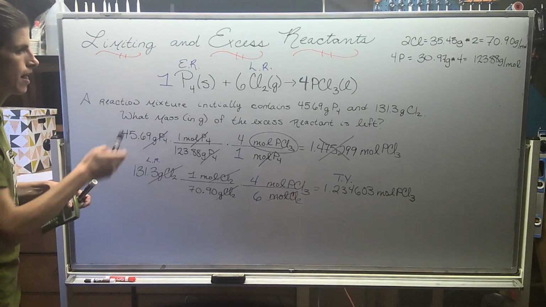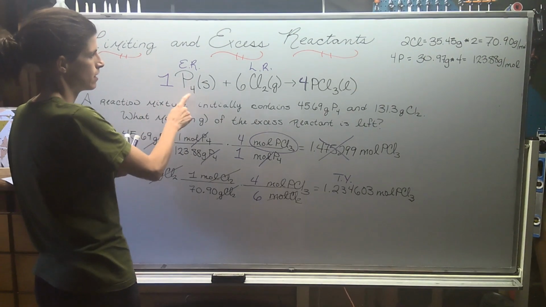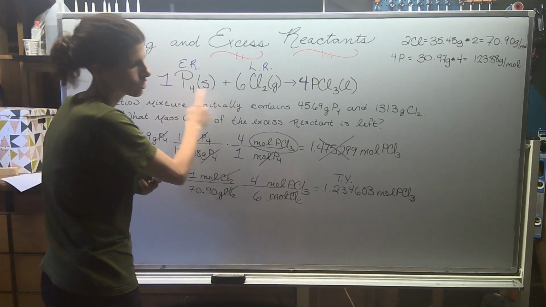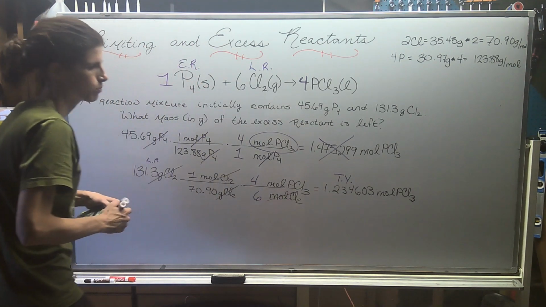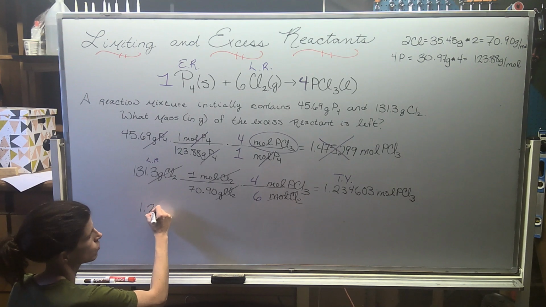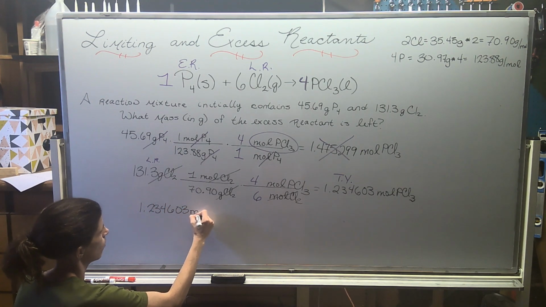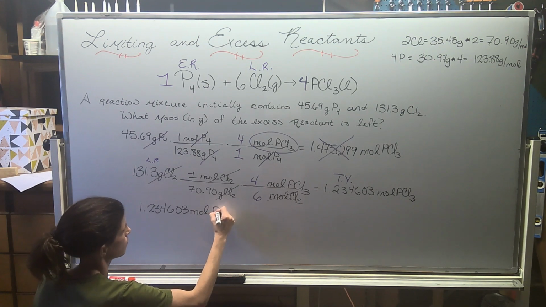So let's take that theoretical yield and figure out how much of the P4 did we actually use to make this much PCl3. So 1.234603 moles of PCl3.